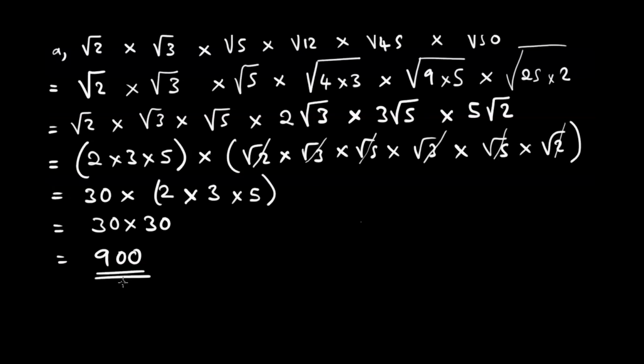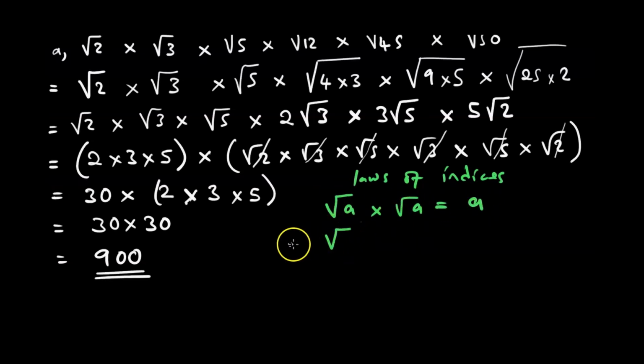So this was a fascinating question because it played many principles. Here we applied laws of indices, that when we say the square root of a times the square root of a, it is equal to a.